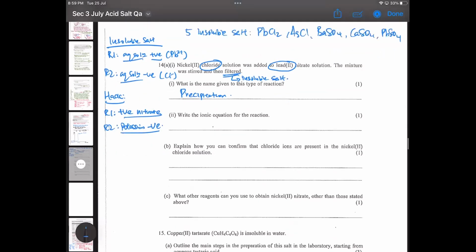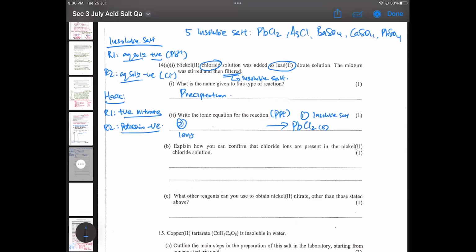So for the ionic equation for this reaction, basically for PPT, again, the easy hack is to write down the PPT first. The PPT here is lead-2 chloride, solid. So where does it come from? Number 1, write down the insoluble salt. Number 2, write down the ions.